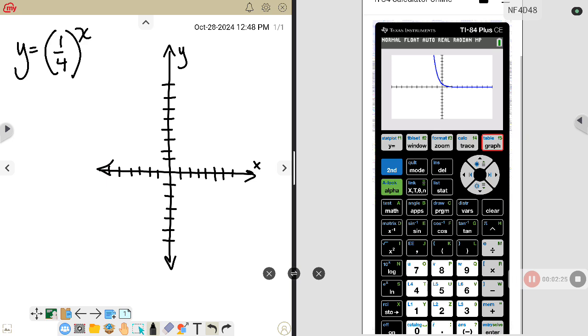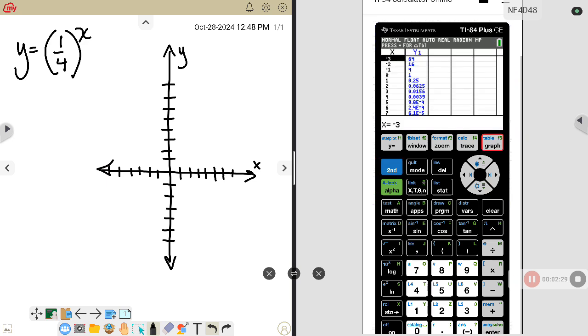So if I want to plot some points, let's look at the table. There's a point at 0, 1. Let's go to where the x's are negative. So there's a point at negative 1, 4. So to the left 1, up 4. Now let's go to where they are positive.